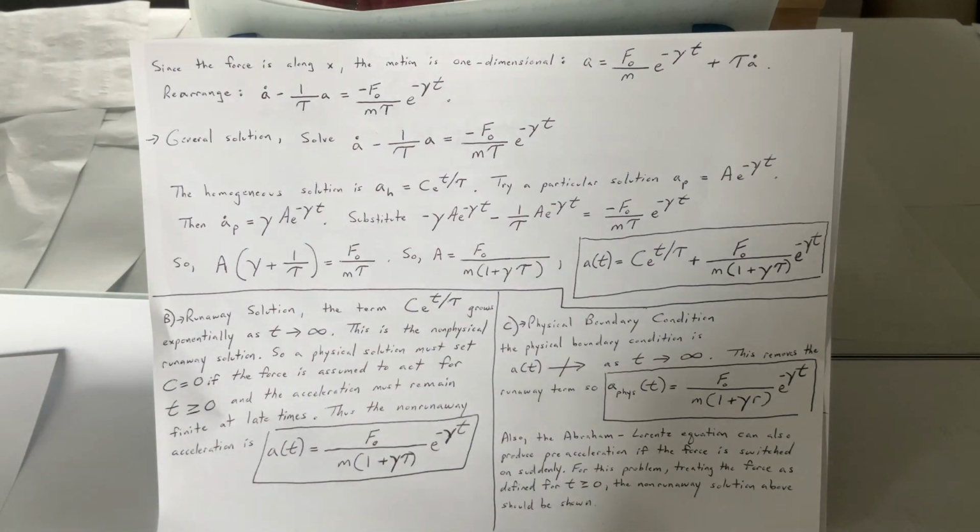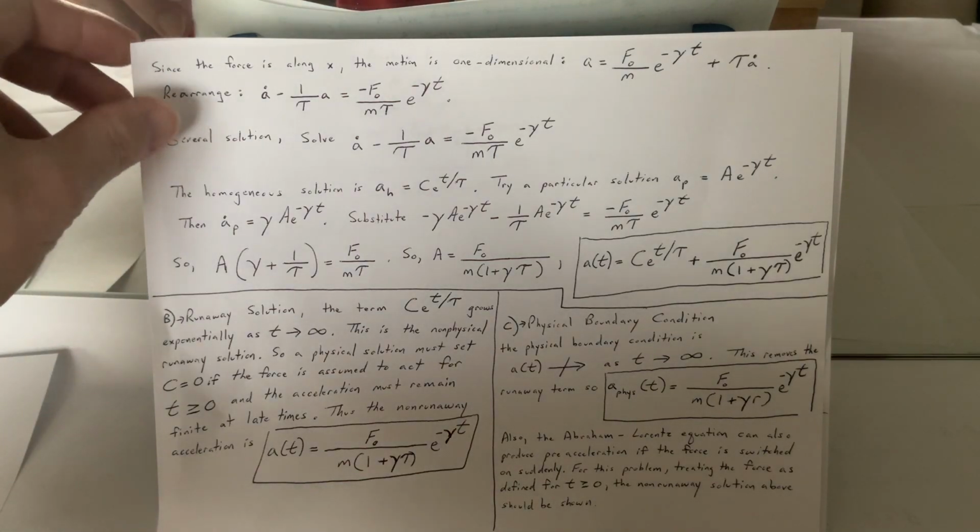So A is going to equal F_0/(m(1 + γτ)). And for a(t), that's going to equal C e^(t/τ) plus F_0/(m(1 + γτ)) e^(-γt). So that's part A.